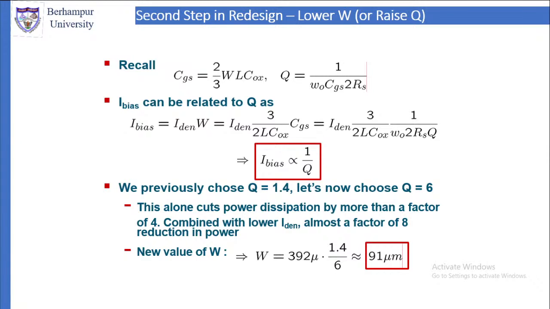Combined with the lower I density, almost a factor of 8 reduction in power is achieved. So the new value of W will be 392 micron into 1.4 by 6, approximately 91 micrometer. So W should be approximately 91 micrometer.